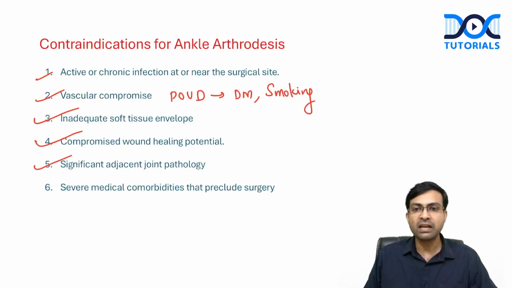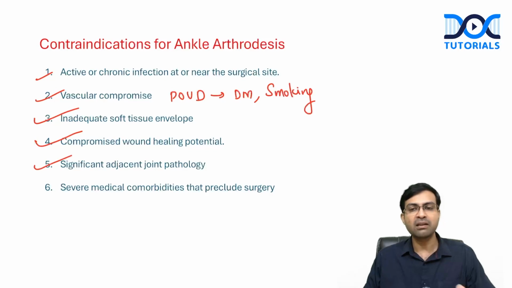Whenever you are doing an arthrodesis in a particular joint, the adjacent joints would be maximally affected, because whenever a joint is completely stiff, the load transfer is going to get shifted onto the adjacent joints. For example, if the ankle is arthrodesed, the foot and the knee will be affected. If the knee is arthrodesed, what will happen?